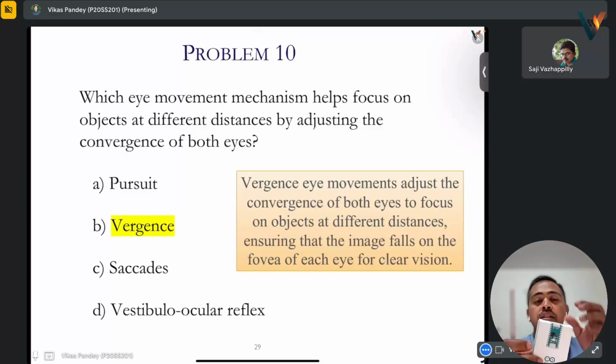This we are able to do because of binocular vision, because we have two eyes. The left eye will have a different image, the right eye will have a different image, and the convergence of these two images makes us have binocular vision, right?